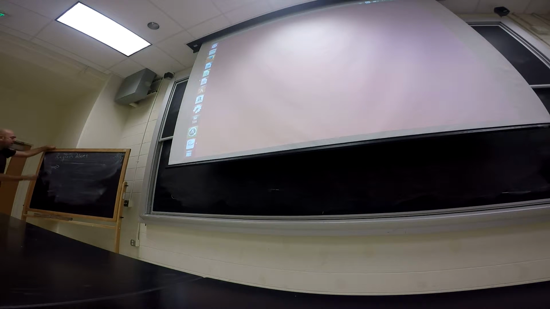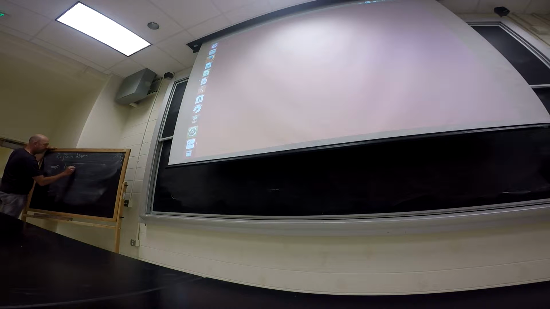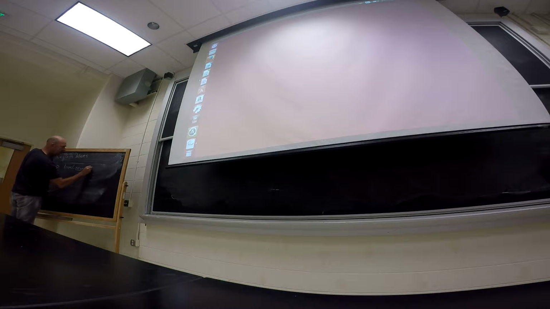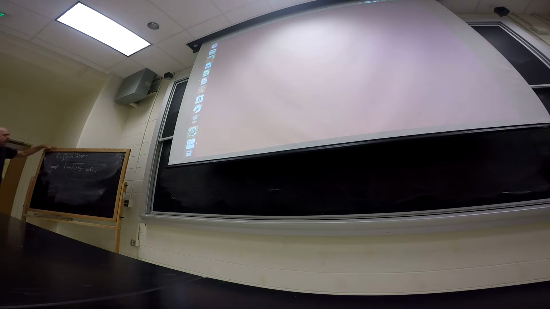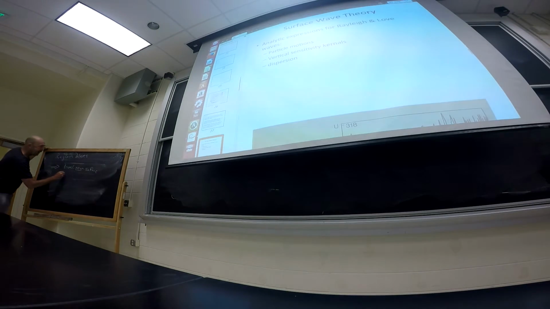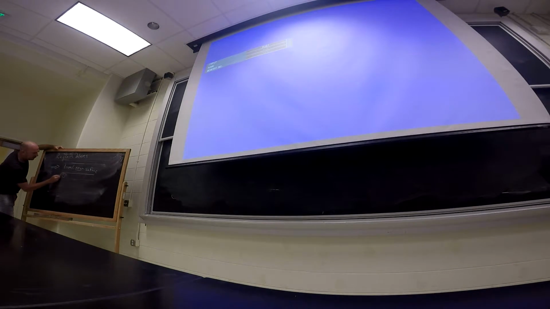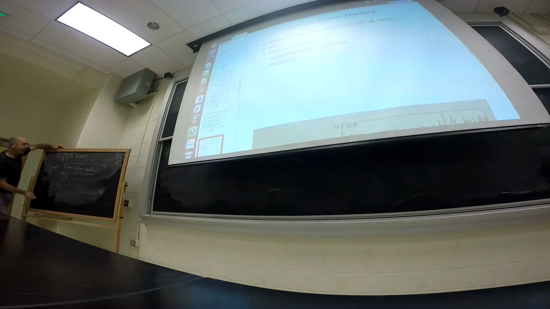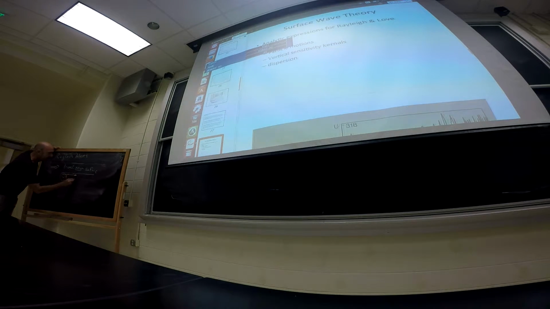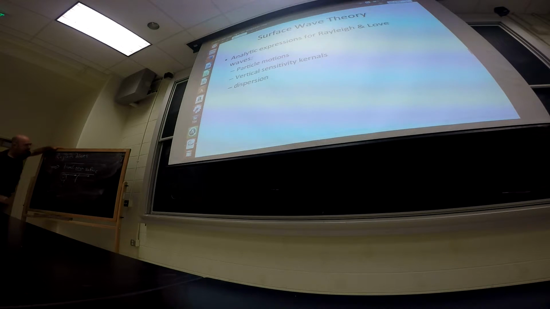So the first thing we know about Rayleigh waves is that they travel near the surface. They actually travel in a zone like this. They basically propagate along the surface, but in a zone that's dictated by the wavelength.